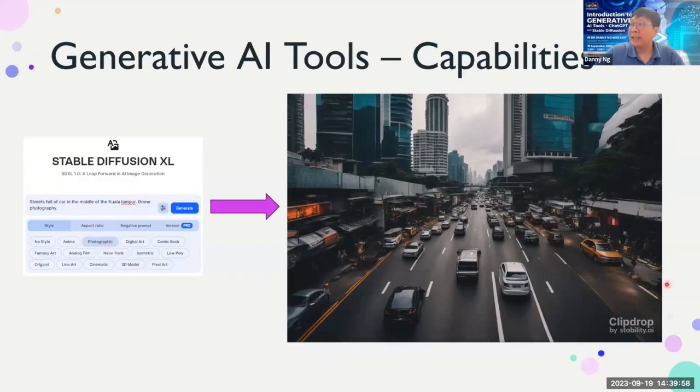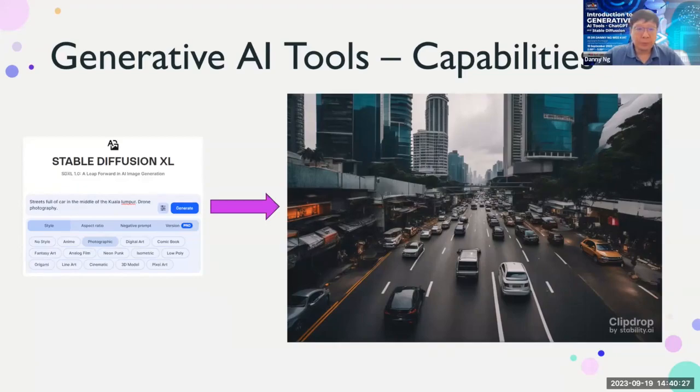So I can get something like this. The skyline looks like the buildings you will see in Kuala Lumpur, not exactly the same. You can see a lot of cars in the main area. So over here, you can use this to generate cover images and to see whether it is suitable for your use case or not.